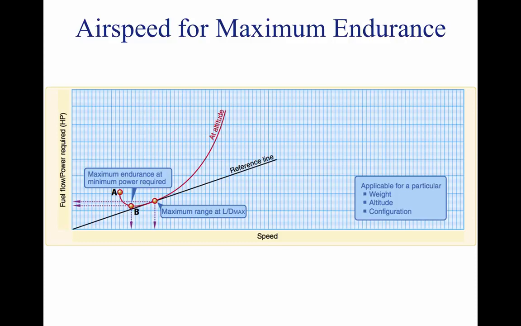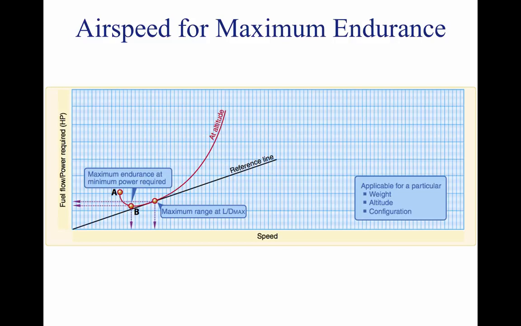Range must be clearly distinguished from the item of endurance. Range involves consideration of flying distance, while endurance involves consideration of flying time. If maximum endurance is desired, the flight condition must provide a minimum fuel flow. In this figure, at point A, the airspeed is low and fuel flow is high.